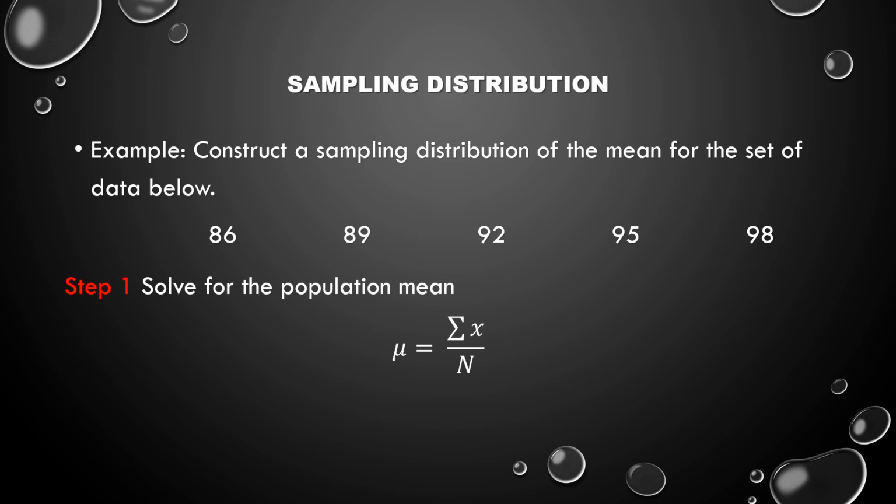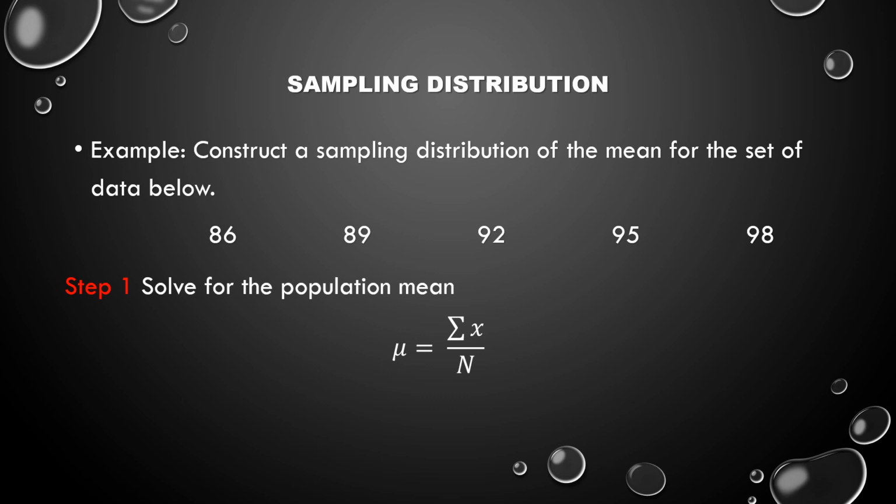For the population mean, we simply take the summation of x divided by N, where the summation of x is the values of each member of the population, and N is the population size. So you're just getting the average.